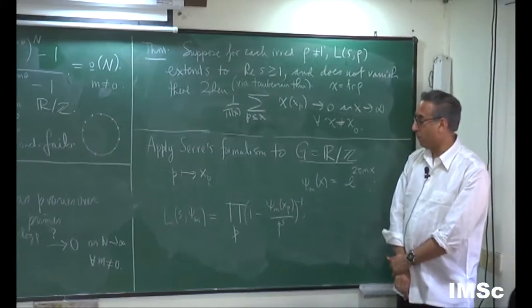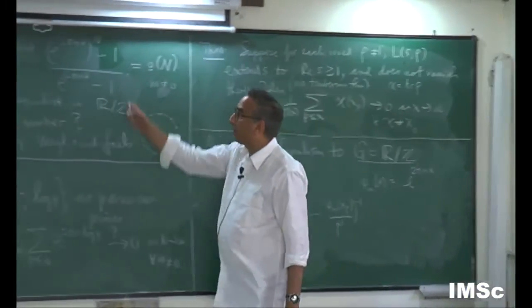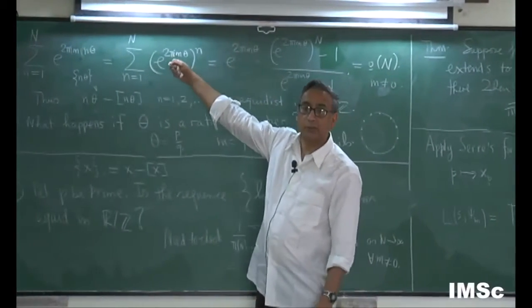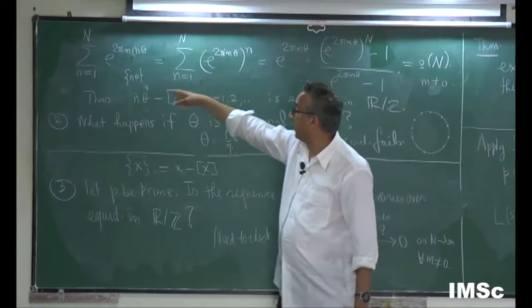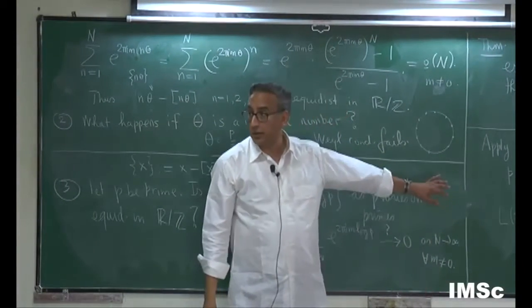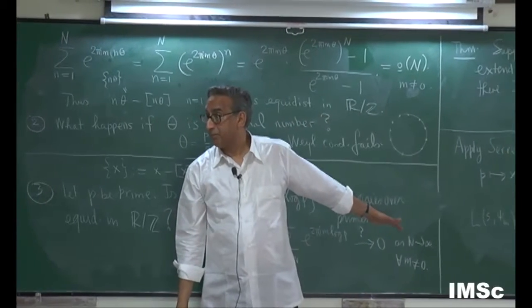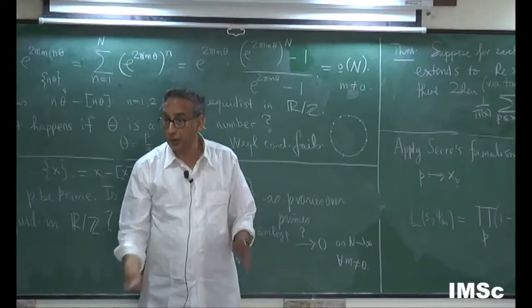Now, if you try to put these L functions in this problem, when I asked you whether or not these fractional parts are equidistributed, if you try to do that, these L functions are very unwieldy. So you have to know when to use an L function and when not to use one.